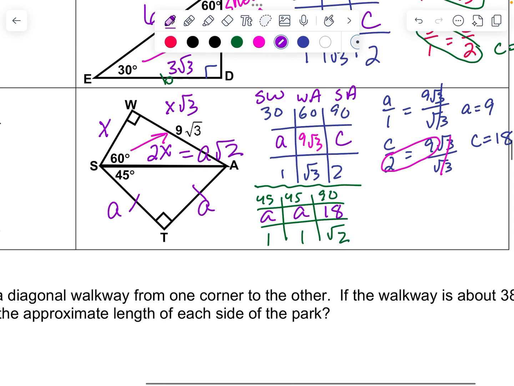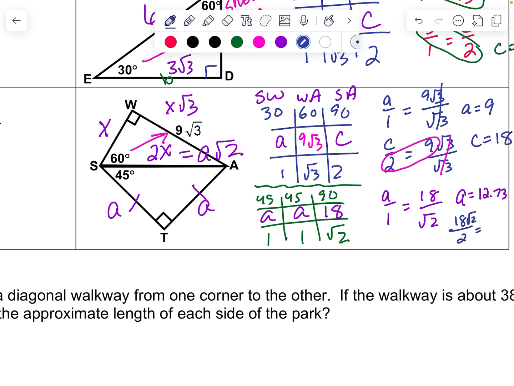All right. So I got A over 1 equals 18 divided by square root 2. You have a choice here. You can just divide out and get the decimal. So you've got 18 divided by square root 2. Okay, the decimal is going to give you the value of 12.73. Or you can simplify your square root. And that would give you 18 square root 2 divided by 2, which would give you 9 square root 2.